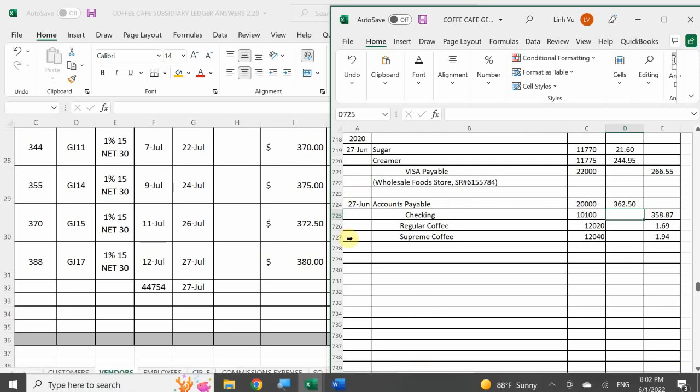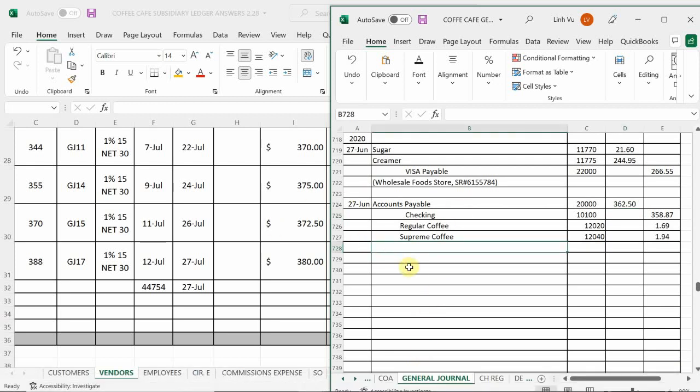I have everything that I need. I'm making a payment to Atlas Coffee Importers, for invoice number 315. I received a 1% discount, and I wrote check number 1528.